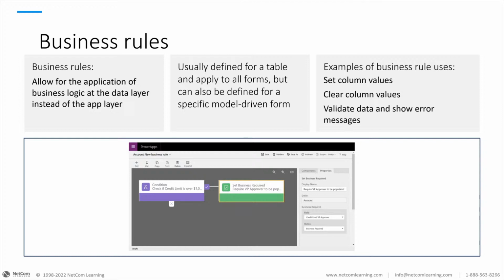But those business rules that exist within there are how you can automate the flow and automate the business processes. So another example here is that let's say that we're using a Canvas or model-driven app, either one doesn't matter, to set or clear values in columns in a table. You could also use that business rule to validate stored information. You could use error messages that get displayed when something doesn't add up correctly, or something of that nature, right?